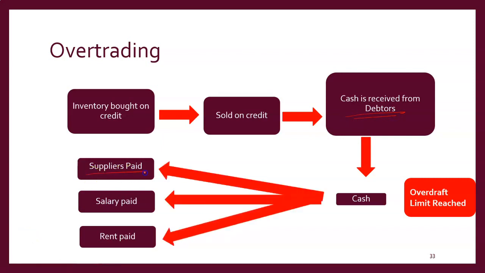We cannot pay our suppliers, the salary or the rent. And finally, our inventory will stop, and they will not supply us any more inventory or goods. So the entire operating cycle comes to an end and now the company has no other choice but to go for some other sources of finance.